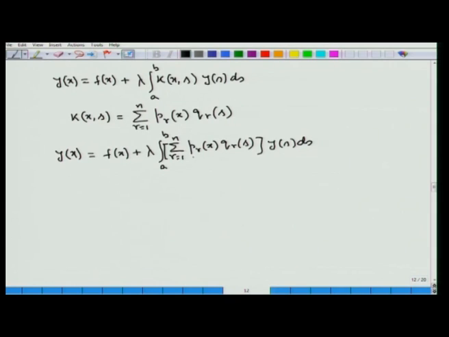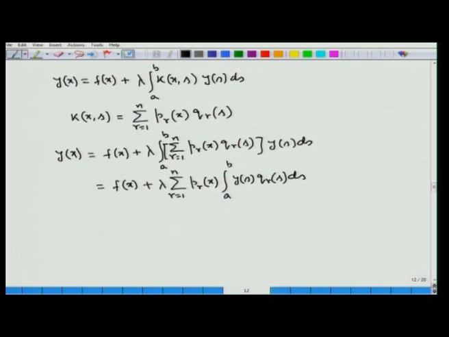As the kernel is separable, we can take p_r(x) outside the integral sign, and therefore we have f(x) + lambda sigma r running from 1 to n p_r(x) integral a to b y(s) q_r(s) ds.